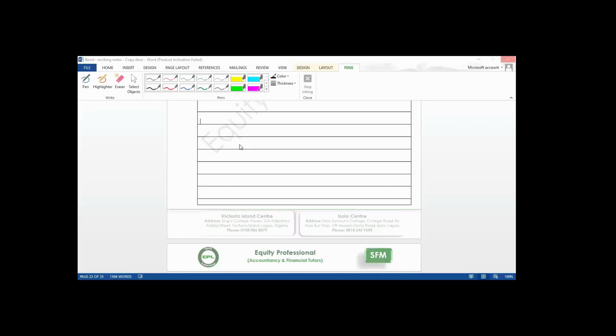So please write this down. Modified duration is equal to duration divided by 1 plus the yield to maturity.